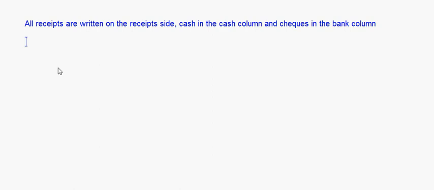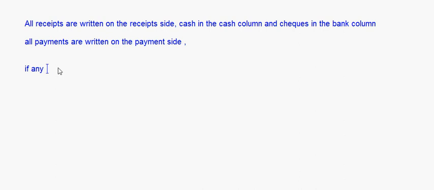And all the payments likewise are written on the payment side, fine. All payments are written on the payment side. The same thing, cash in the cash column and checks in the bank column. So if any transaction increases the bank balance, then the bank column is debited, and if it decreases the bank balance, the bank column is credited, right?